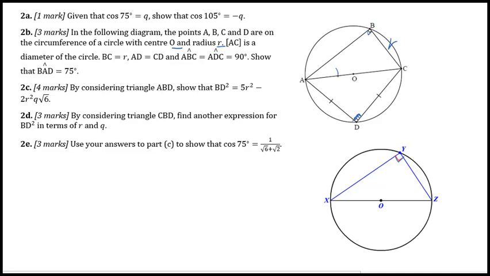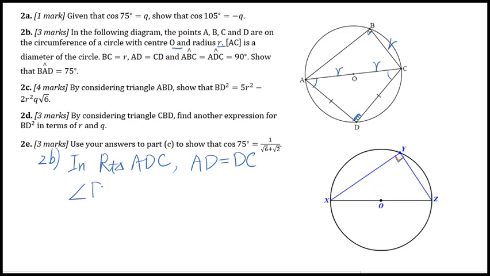Let's label, this is R, here's R. In right triangle ADC, since you have AD equals DC, therefore these two angles are equal to each other. So we get angle DAC equals angle DCA equals 45 degree. So we get this angle is 45 degree.